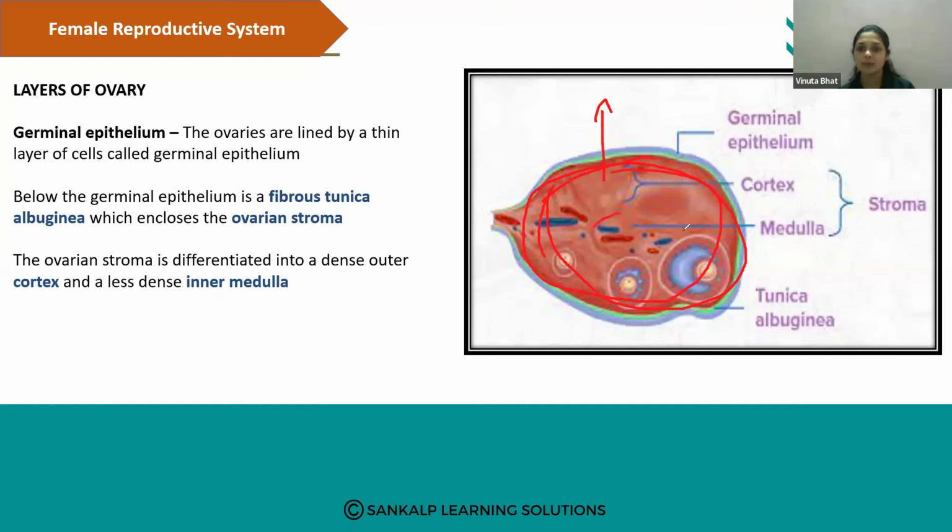The inner layer is called the medulla and the outer is the cortex. So the outermost layer is the germinal epithelium, and the inner layer is the stroma, which is divided into two parts: the inner part, the medulla, and the outer part, the cortex.